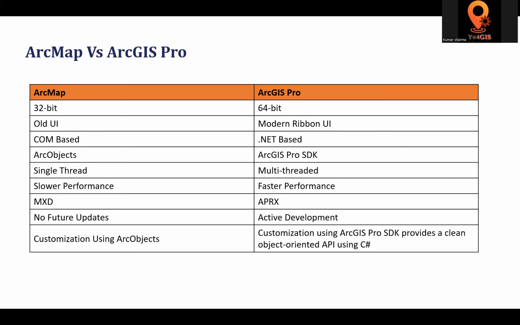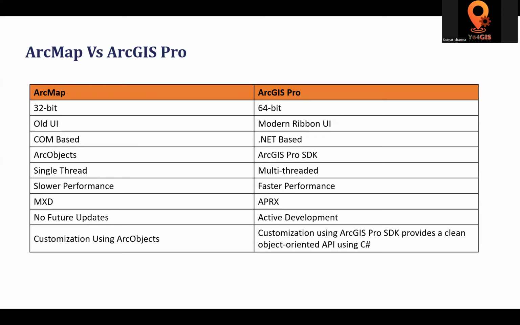I have to send one task, then the second, then the third, then the fourth. This is called a single thread, single pipeline. If I give you four pipelines, then you can easily execute all four tasks at the same time. So ArcGIS Pro is developed using multi-thread architecture, while ArcMap was single thread architecture. In ArcMap the performance is slow, and in ArcGIS Pro the performance is very good.